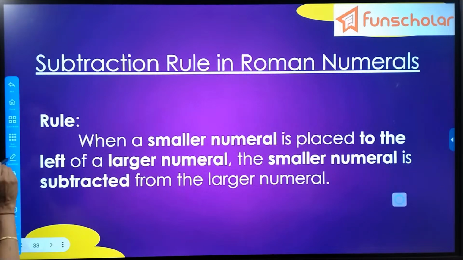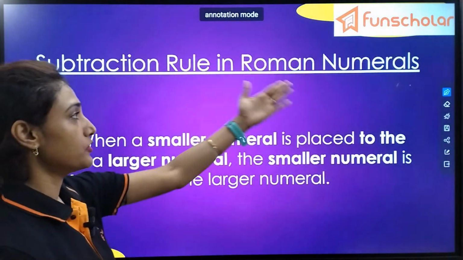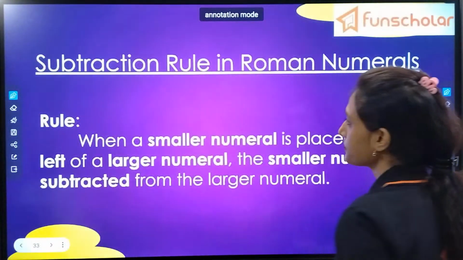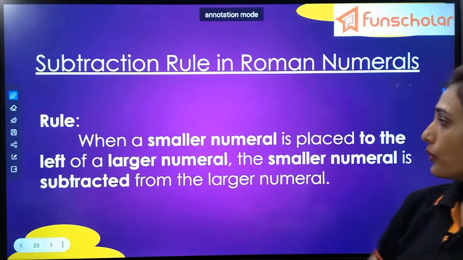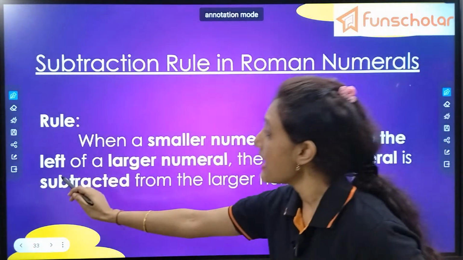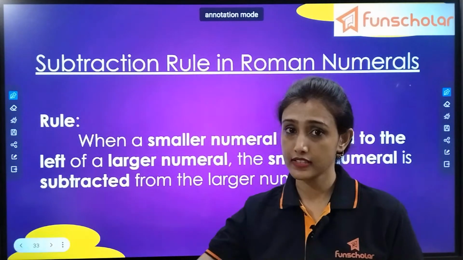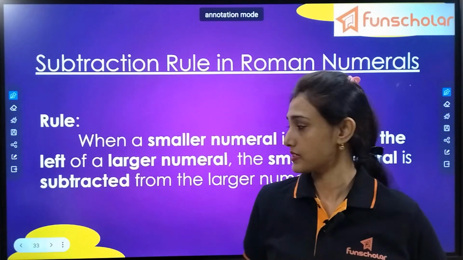Now comes the subtraction rule in Roman numerals. So what does the rule say? When a smaller numeral is placed to the left, in case of addition what was it? Right. And here it is left.